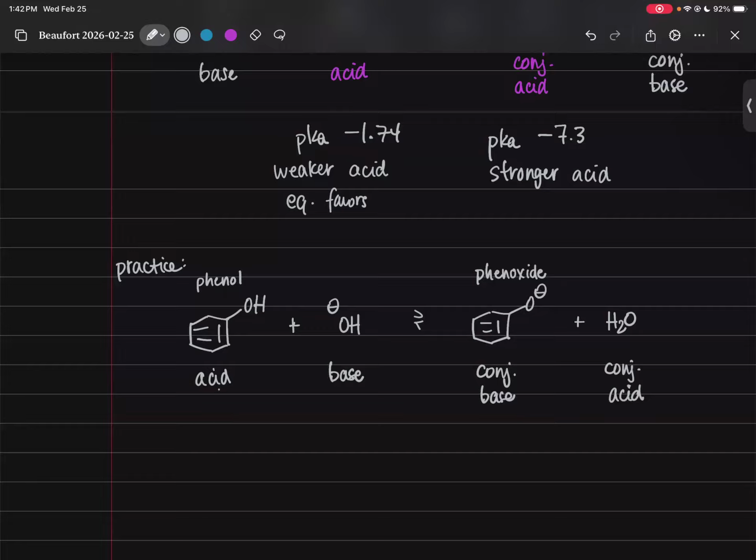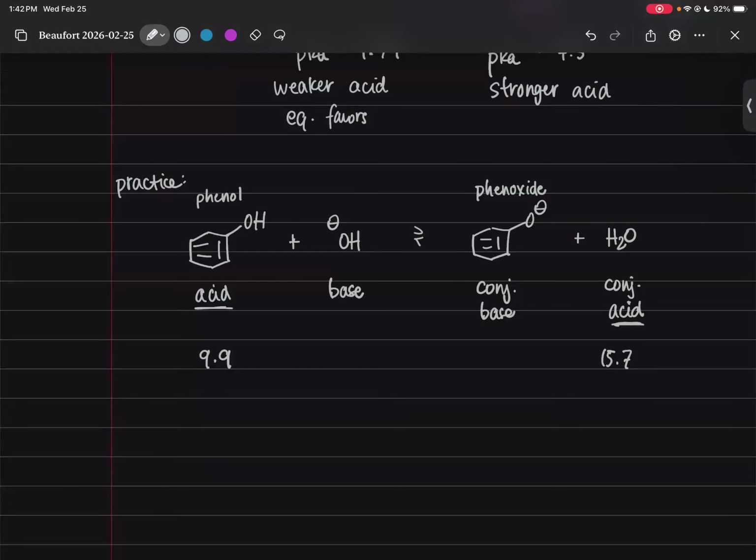Okay, so we need to compare our acids and their pKa's. So what's the pKa of phenol? 9.9. And water is 15.7.